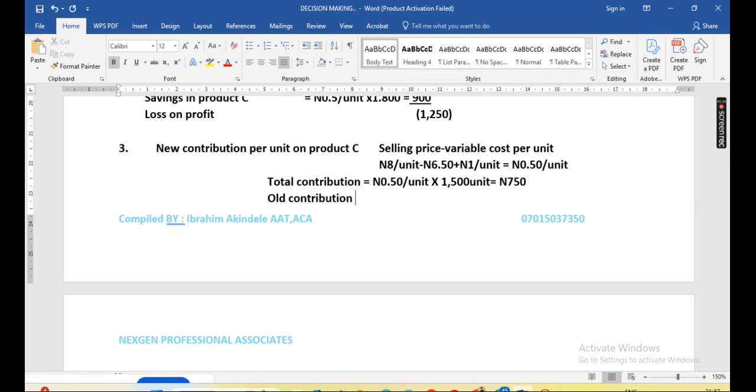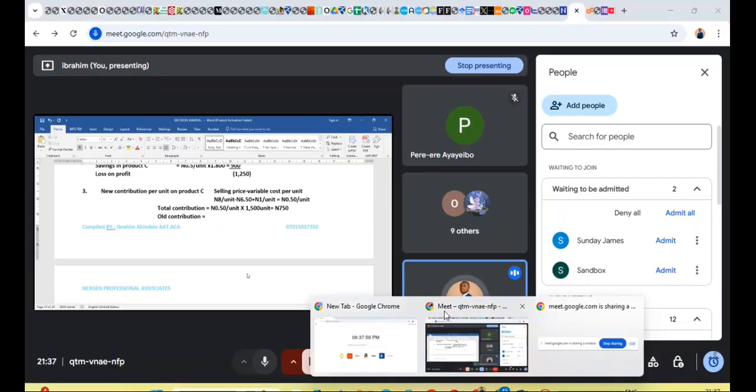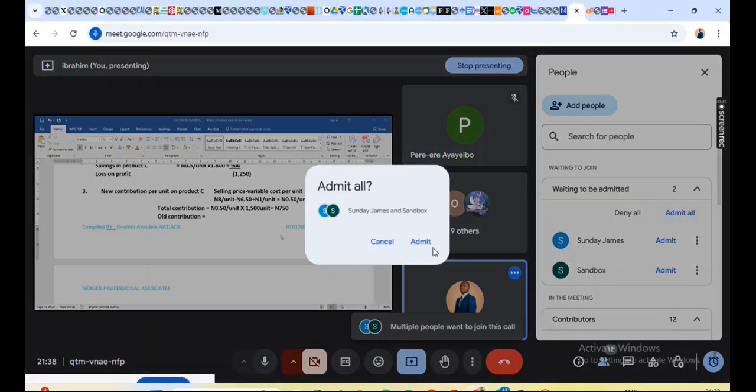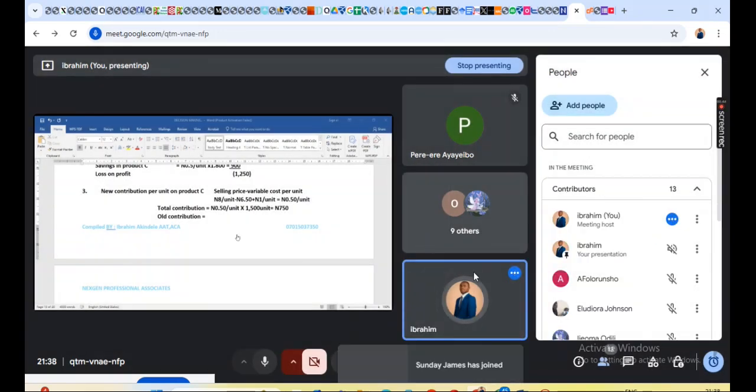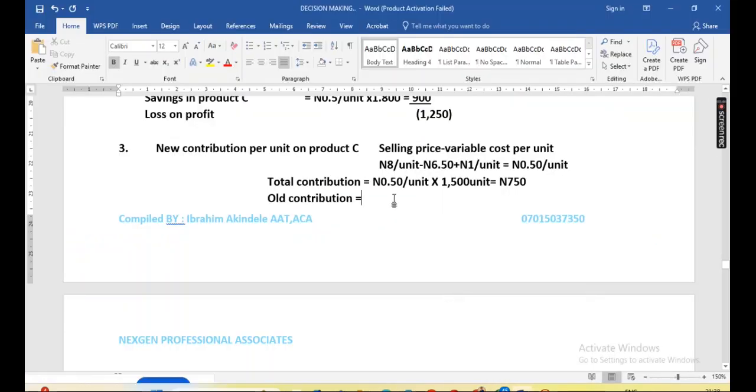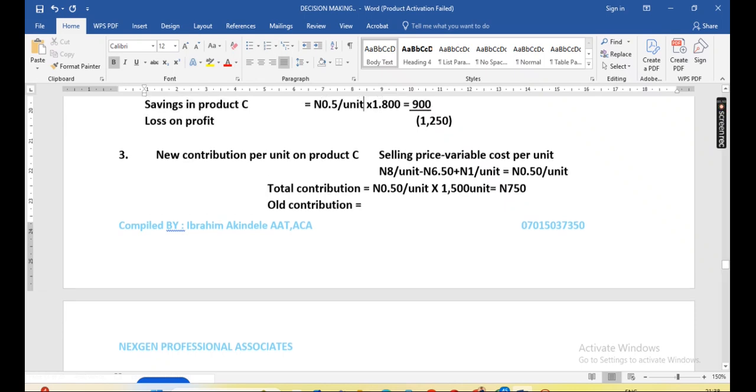What is the old contribution? The old contribution is based on 1,800, right? For product C. Let's quickly go back.